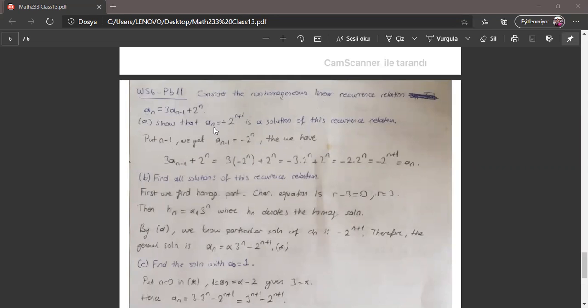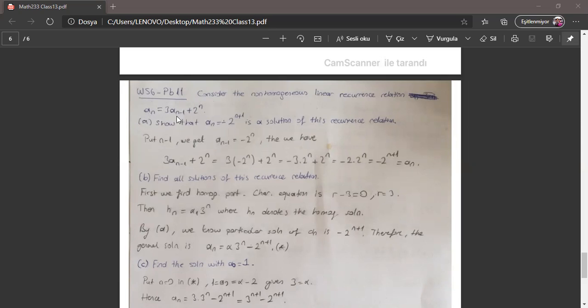We plug in n minus 1, we get minus 2 times n minus 1 plus 1, we get n there, okay? Then we plug this into this equality. We don't have the equality now. We need to show that this satisfies that equality.